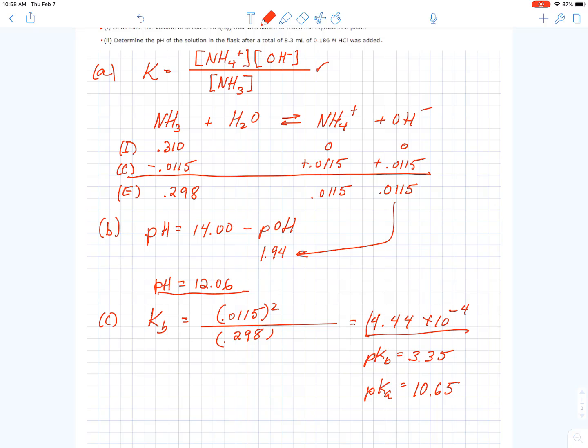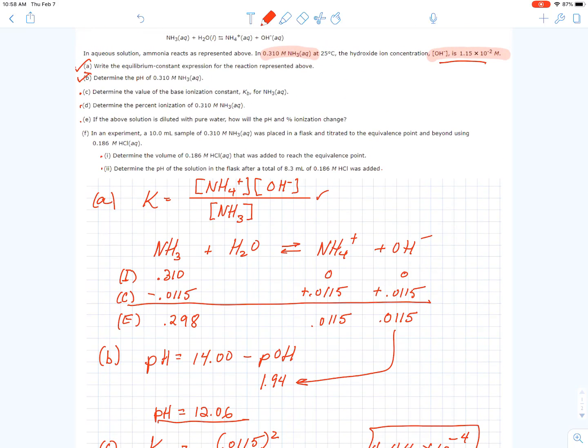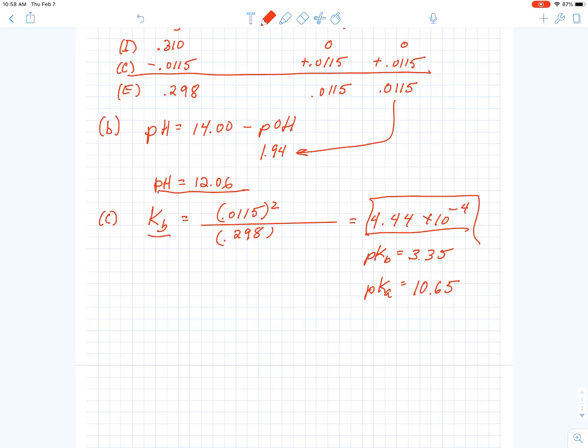Percent ionization. Okay, that's a very specific equation. You have to remember that it is equal to the amount of ions you've got, the hydroxide ions, and they gave us that, divided by, and this is where you've got to be careful, the initial amount of base that was there. Now, don't go by the equilibrium amount, because you want to know how much of the stuff that we put in actually ionized.